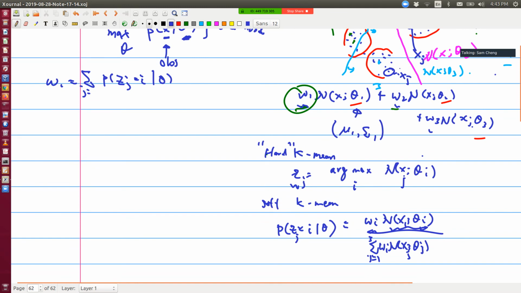You can compute the likelihood of xj belonging to this cluster 3, which will be equal to p of xj given theta 3, right? We know theta, right? We know theta, so we know that.